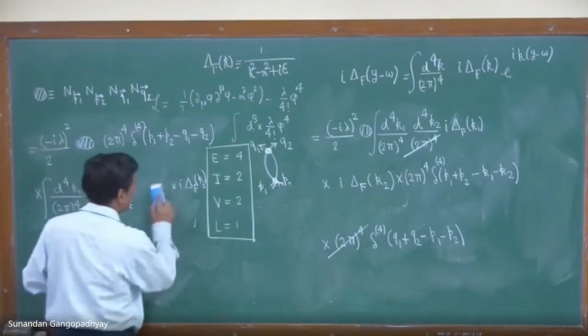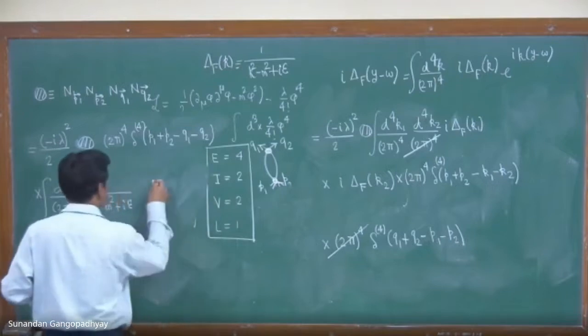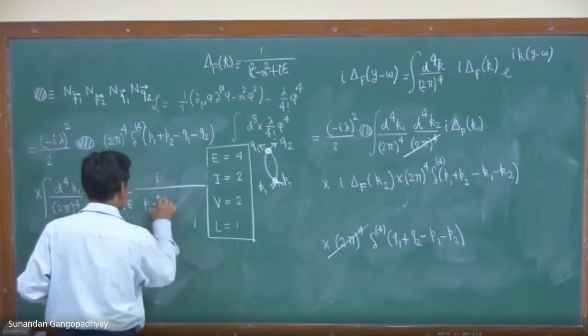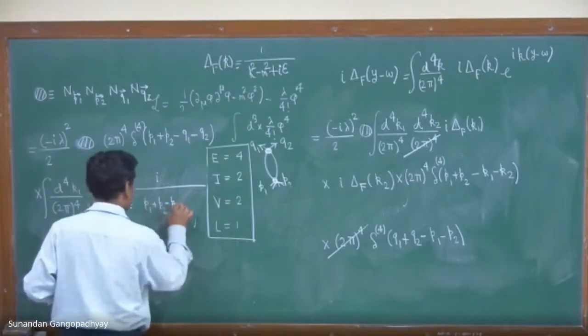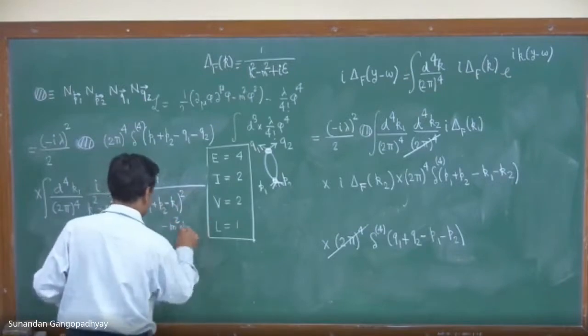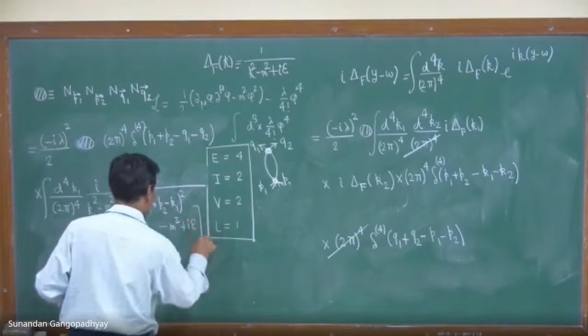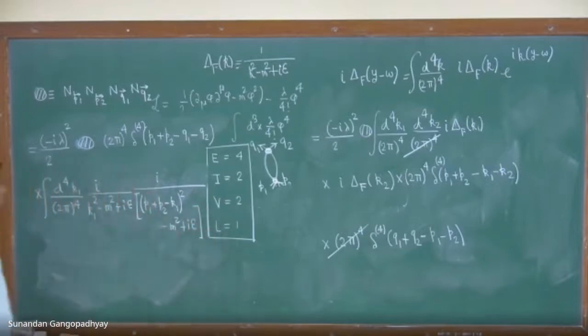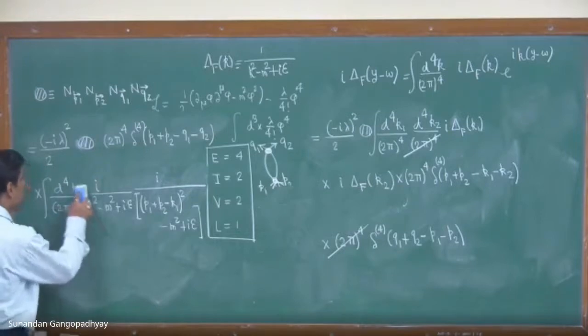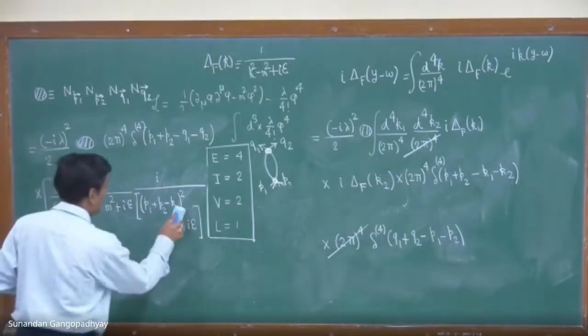And in this Δ_F(k2), you just replace k2 by (p1 plus p2 minus k1) whole squared minus m squared plus iε. Just replace it. So you'll get this. And now, since k1 is a dummy variable, you can replace k1 by k everywhere.